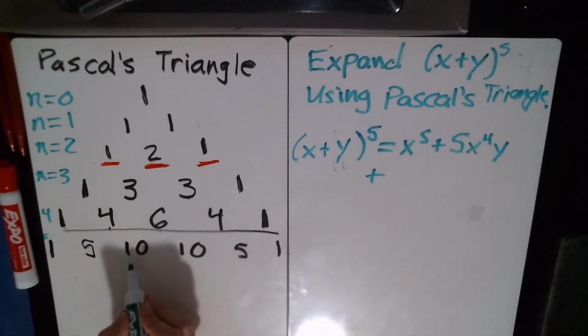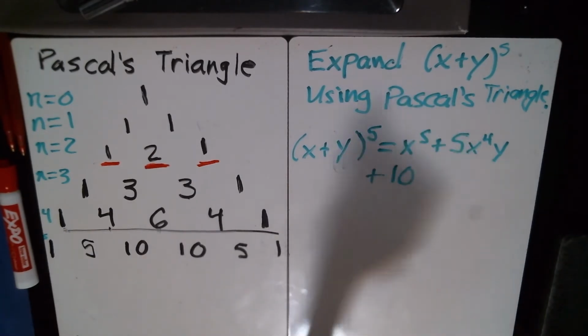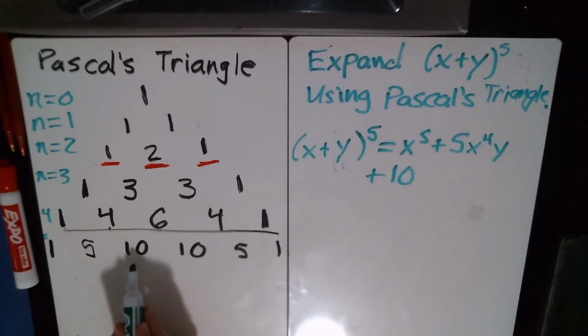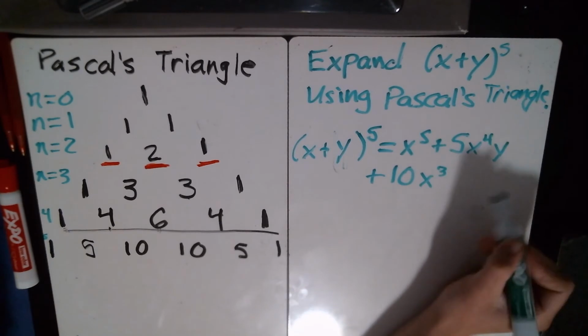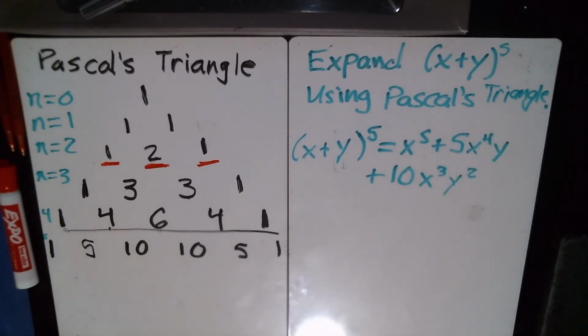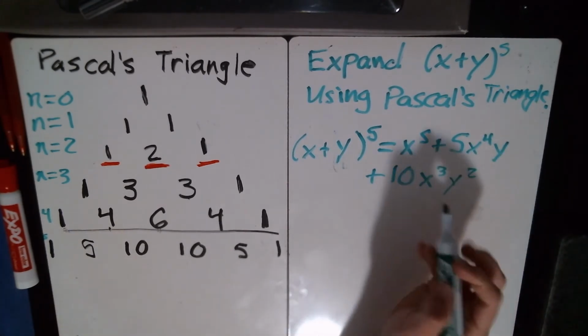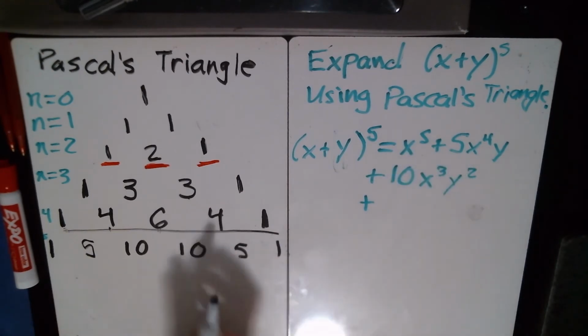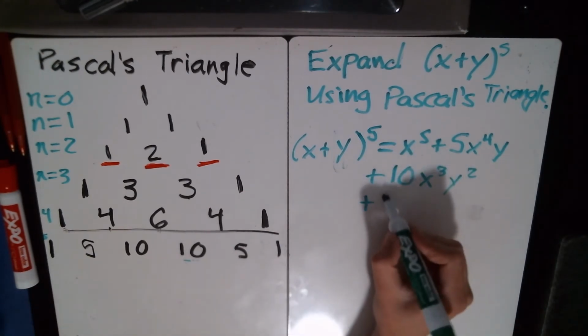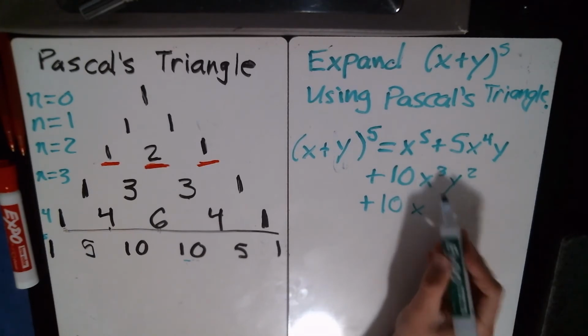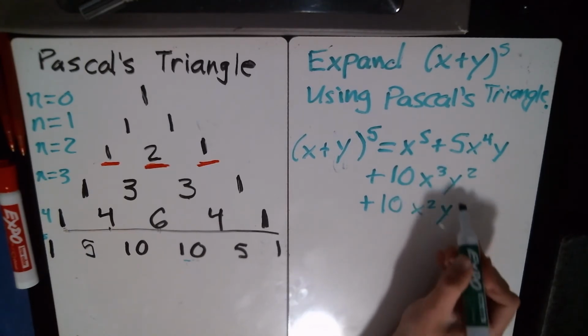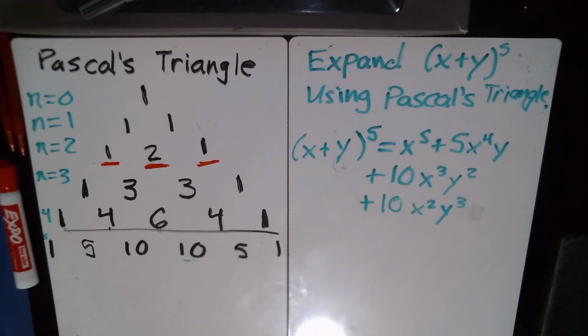plus 10, we decrease the power on x, so x cubed, increase the power on y, y squared, plus the next one is 10. We decrease the power on x, increase the power on y.